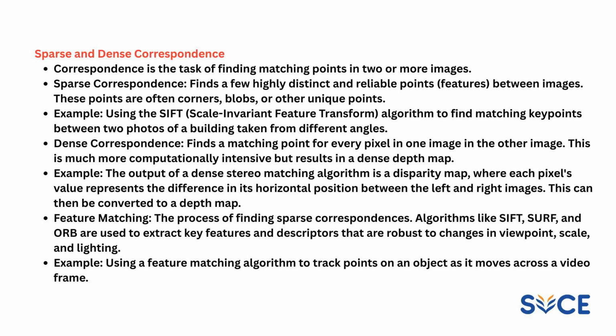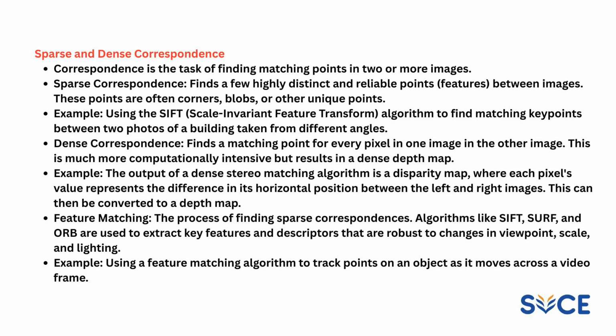Depending on how detailed we want to be, there are two main approaches: sparse correspondence and dense correspondence. Today we'll break these down, see how they work, and look at real-world examples.